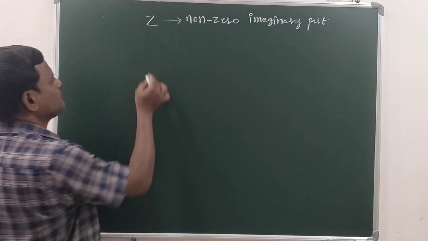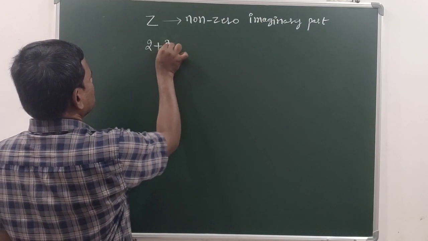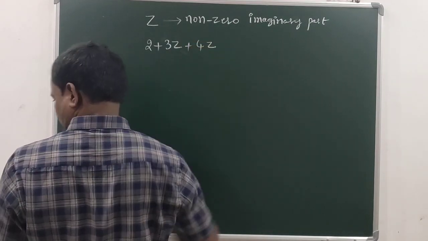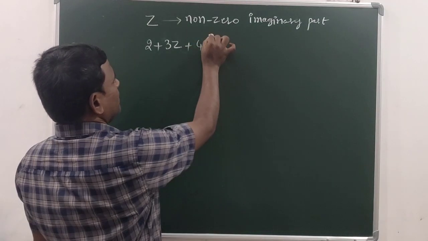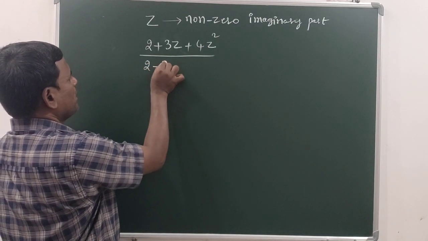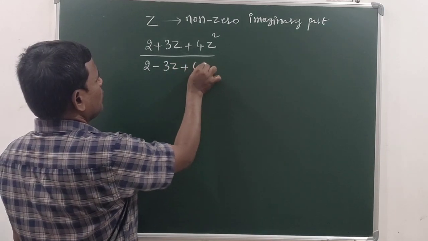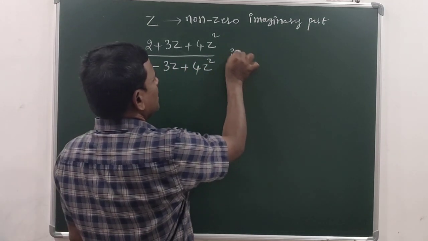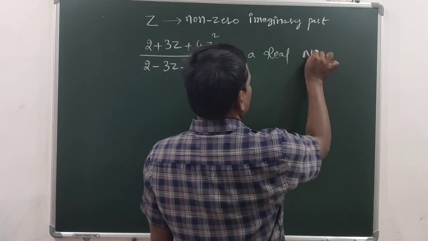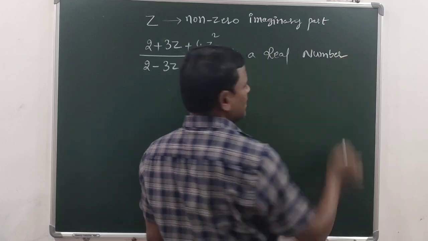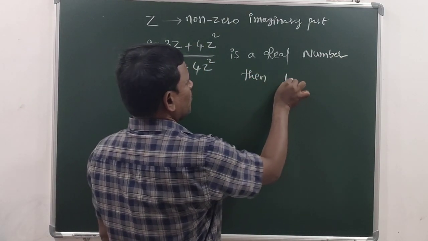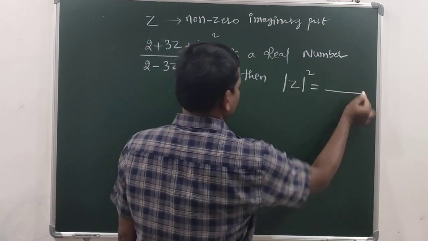And also (2 plus 3z plus 4z square) whole by (2 minus 3z plus 4z square) is a real number. Then find mod z square is equal to dash.